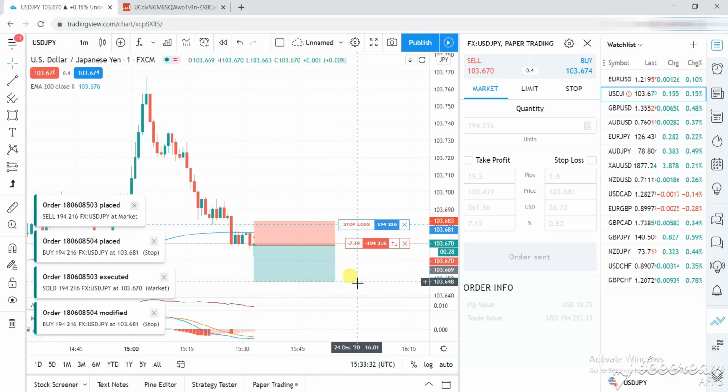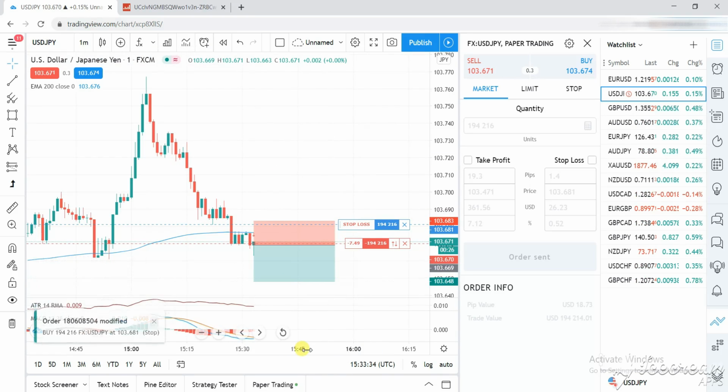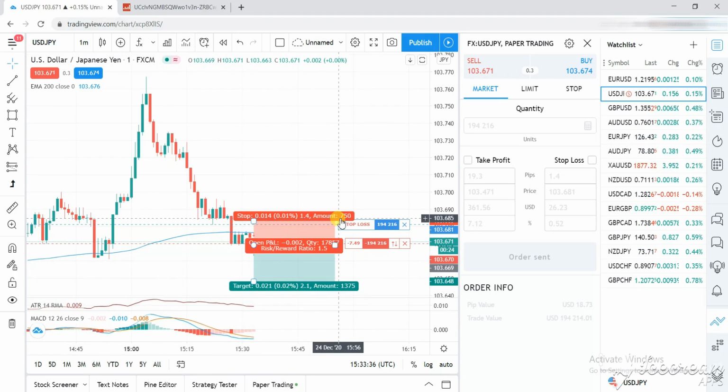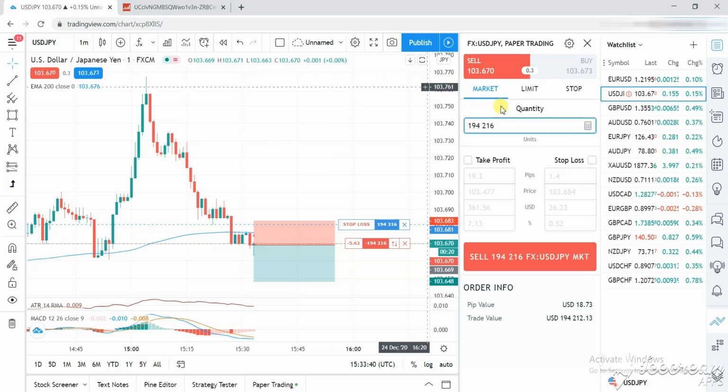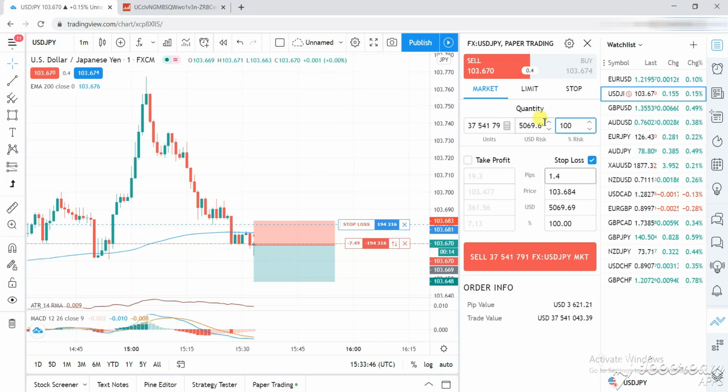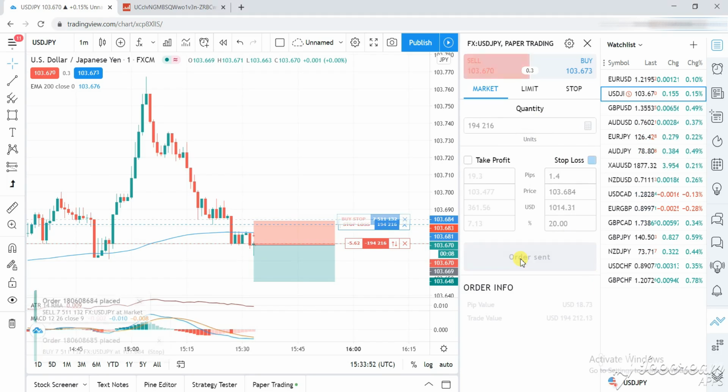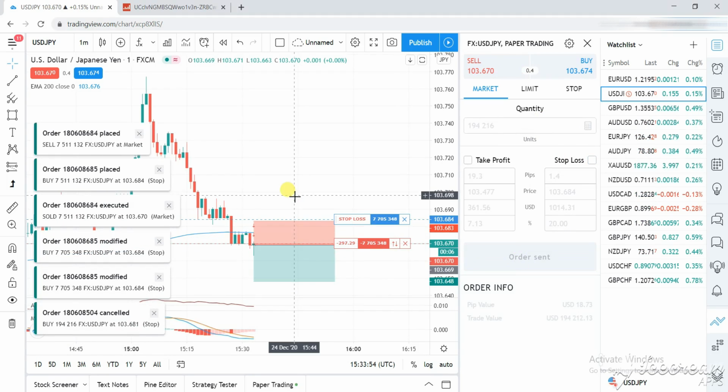Okay, so let's wait for this trade and see what it ends up being. All right, let me take it one more time, but this time with 20% of my account size, and it's good.